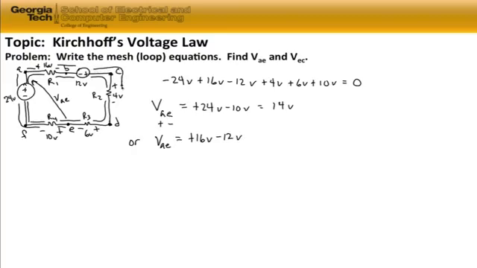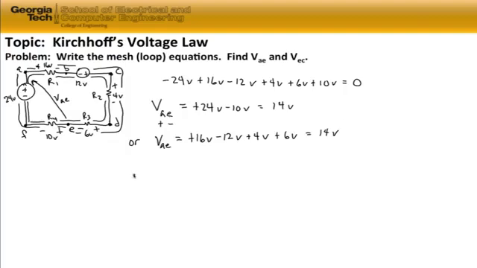Continuing around the loop, we would hit the plus 4 volts across resistor 2, then the plus 6 volts across resistor 3, and then we reach E. If we add all those up, we end up with 14 volts. So either way would have gotten us the same answer.